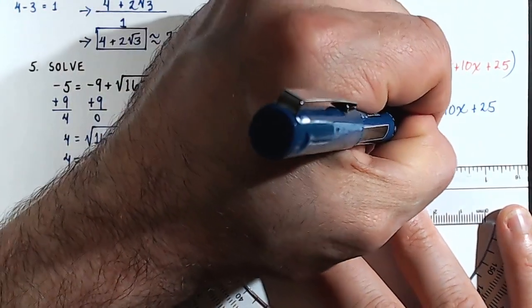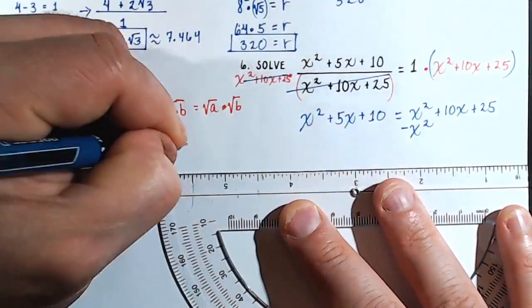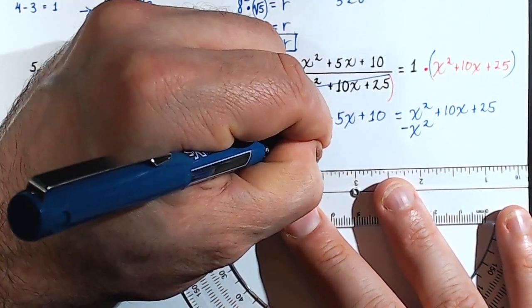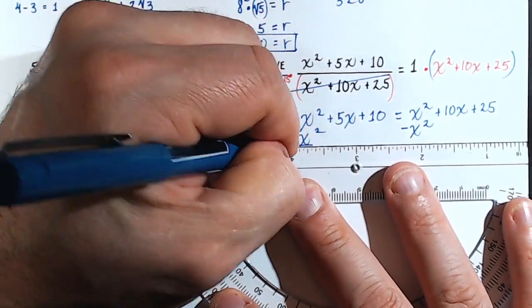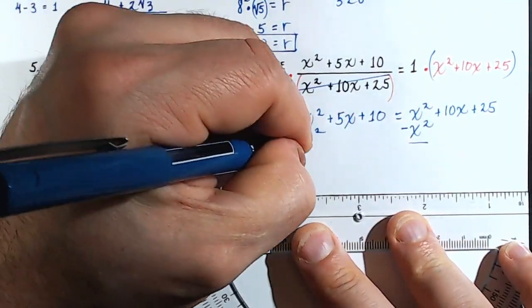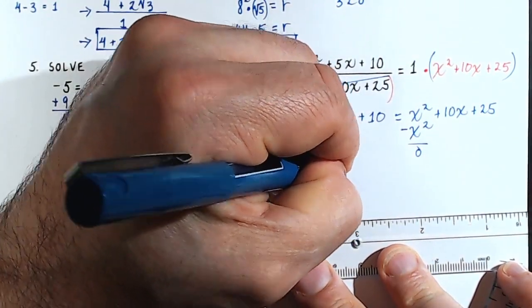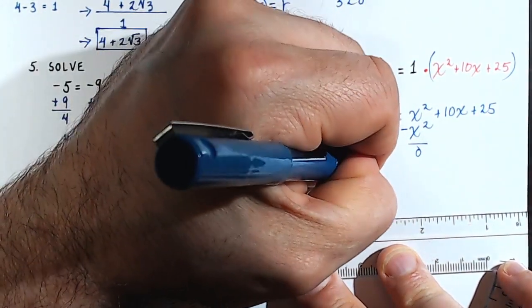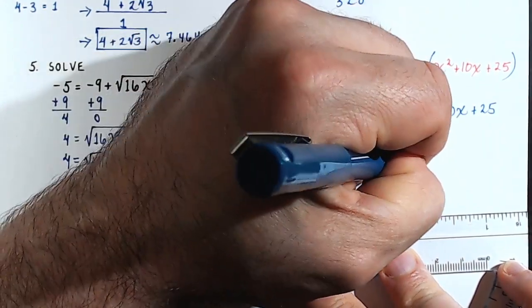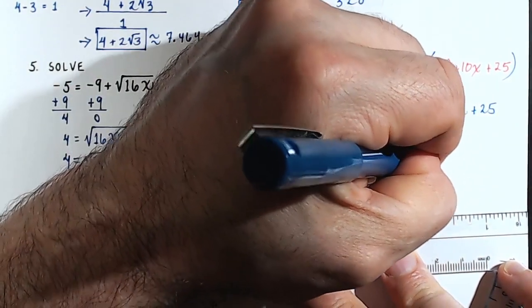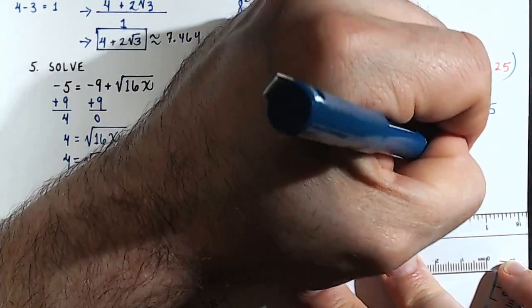We need to subtract x squared from both sides. On both the left and right side, I get 0. Now I've simplified to 5x plus 10 equals 10x plus 25.